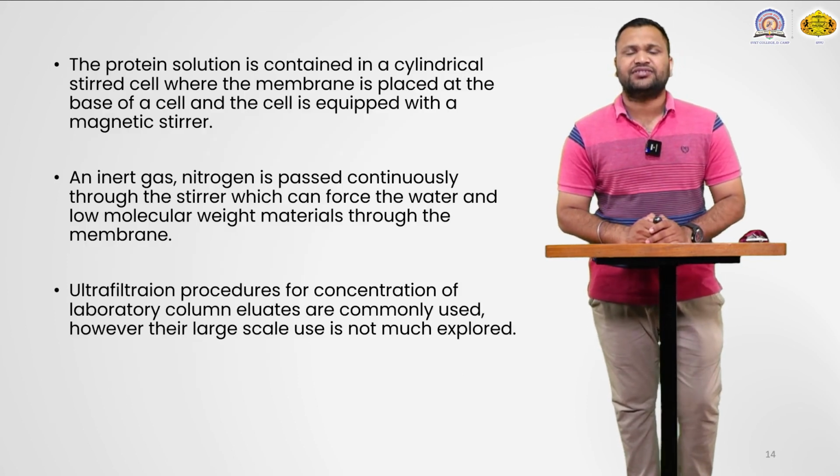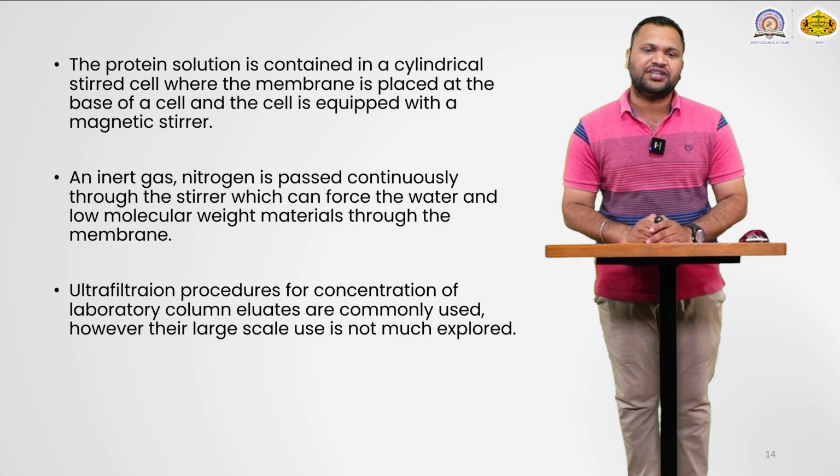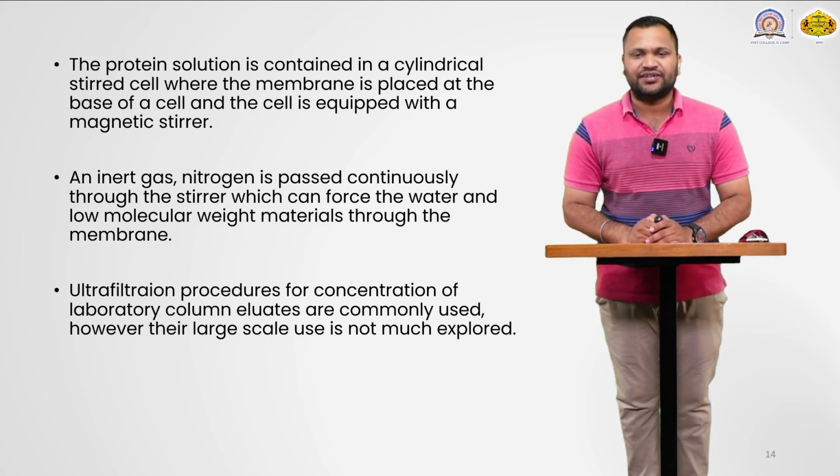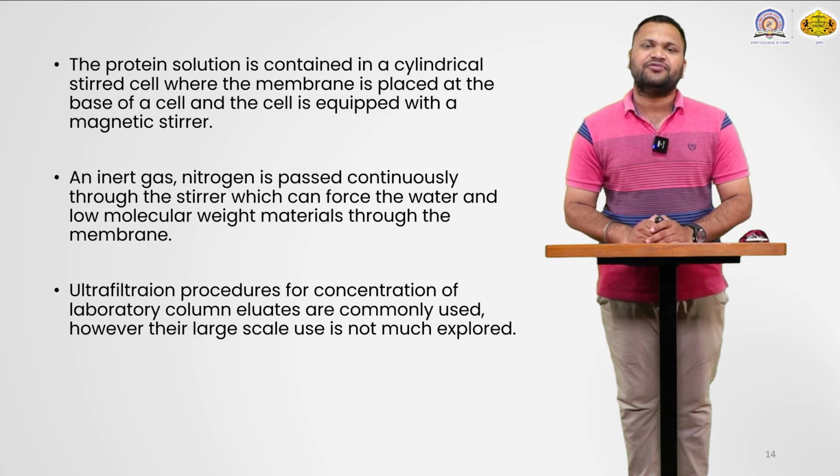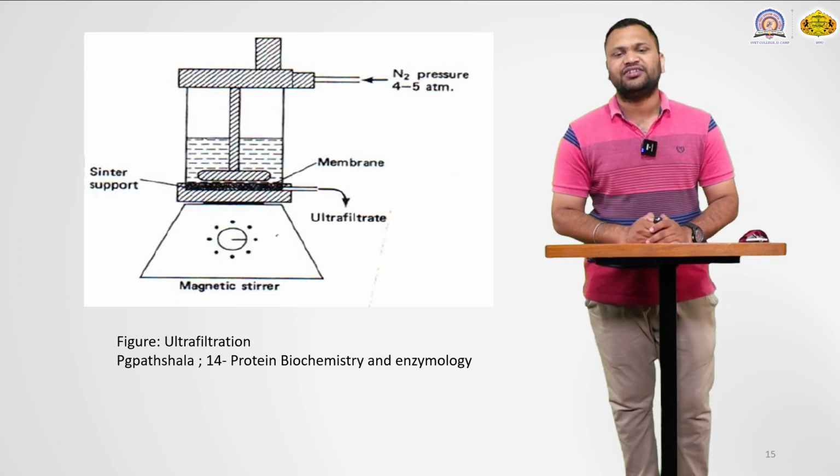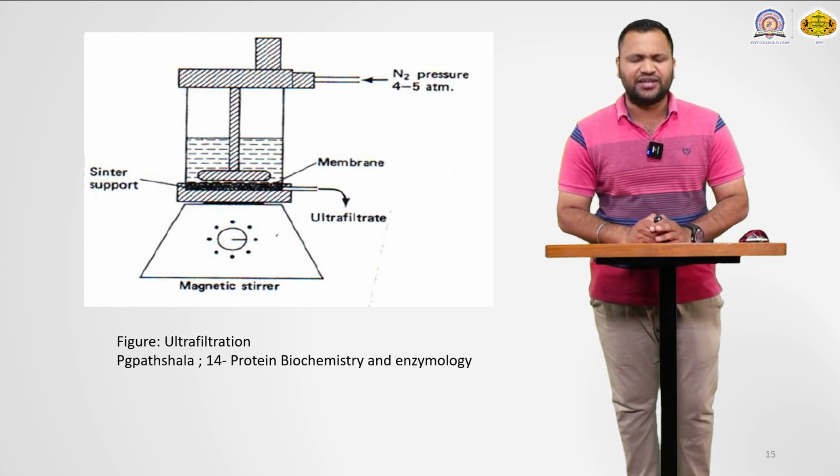The inert gas, for example nitrogen, is passed continuously through the stirrer cell, which can force the water and low molecular weight materials through the membrane. These procedures are commonly used for concentration of laboratory column eluates, and for large scale, ultrafiltration, sorry, it is ultrafiltration.